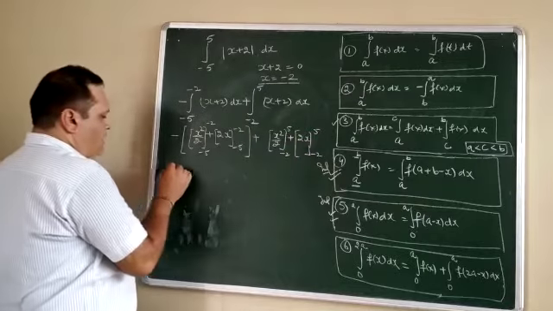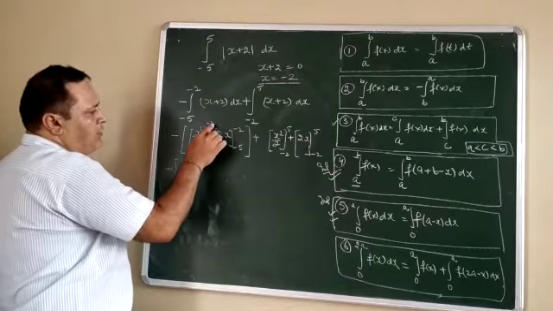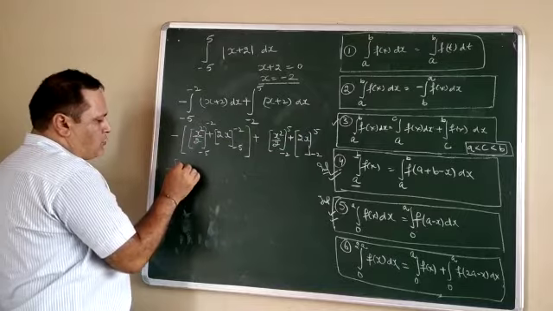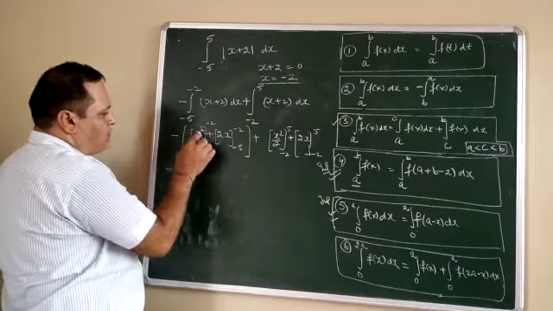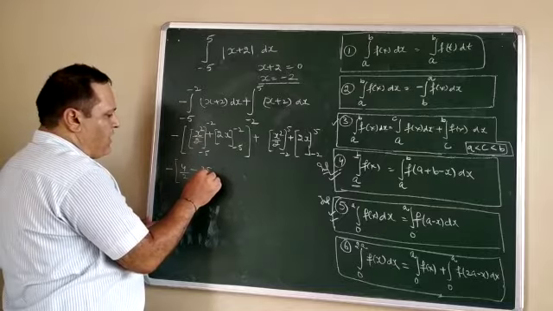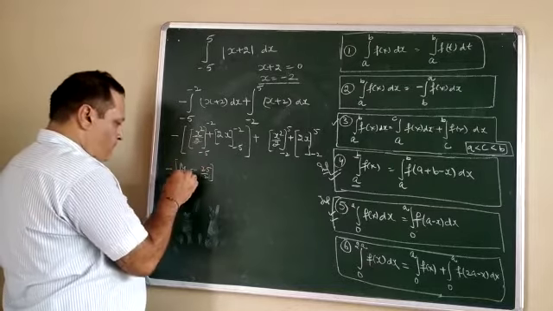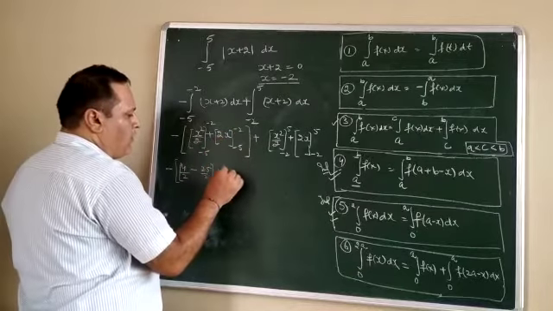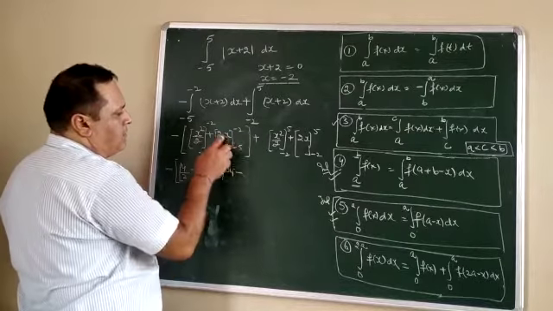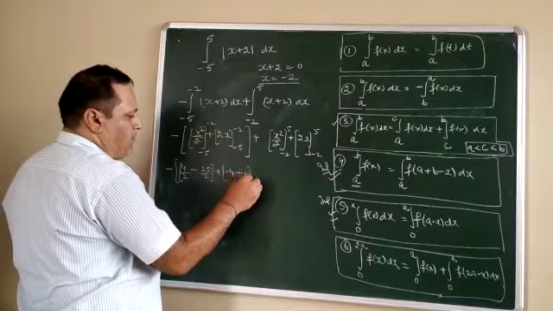Now see this one, it is minus outside. When you substitute minus 2, square is 4 by 2, minus when you substitute 5, it is 25 by 2, plus 2 times minus 2 is minus 4, then minus 5 times 2 is minus 10, plus 10.